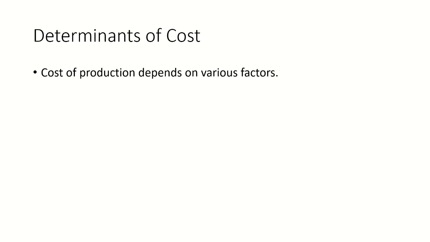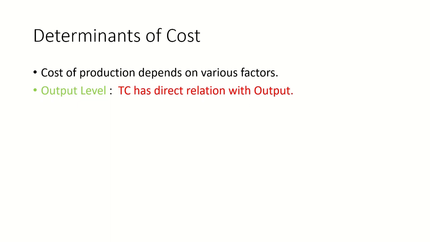Actually, we know that the cost of production depends on various factors. For producing a particular item we need some variables and some elements, and the cost of these elements determines the cost of that product. So the first factor is output level.